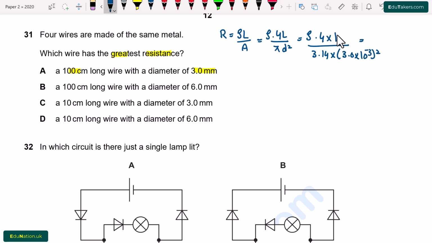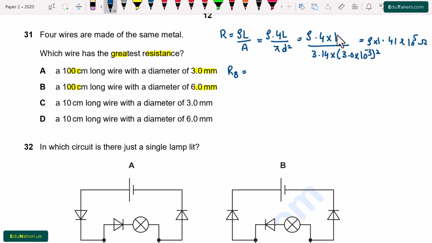So the resistance of wire A will be equal to 1.41 × 10^5. The unit is ohm and there should be resistivity rho. Because all of the wires are made from the same metal, the resistivity for each of these wires should be the same. Now for wire B, the length is again 100 centimeter and diameter is 6.0 millimeter.